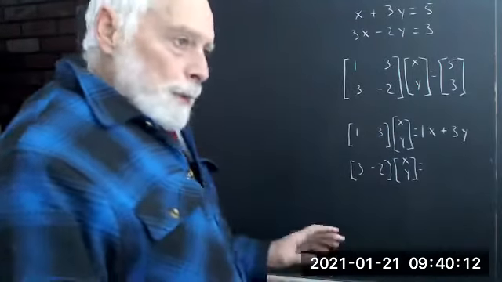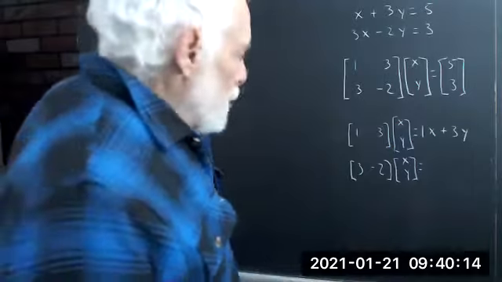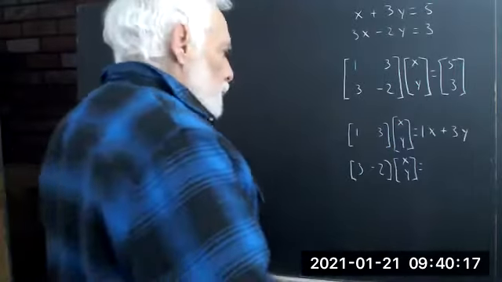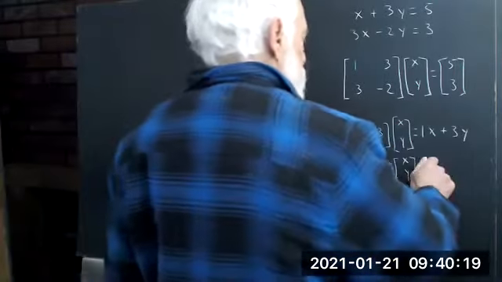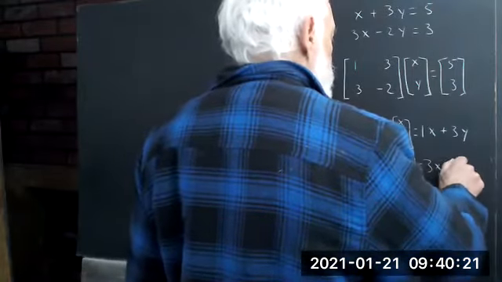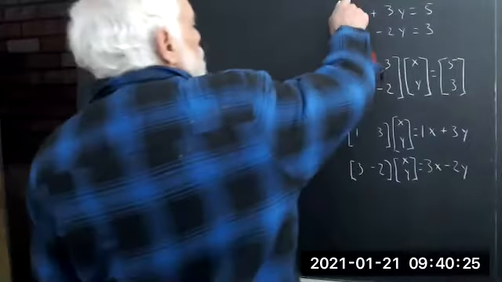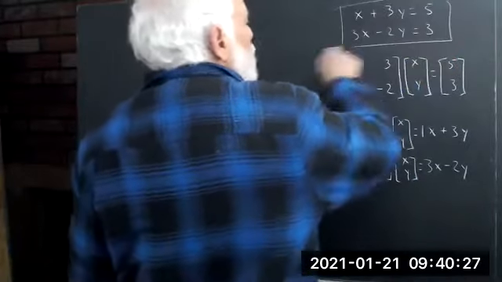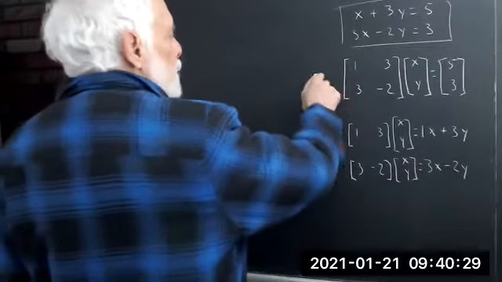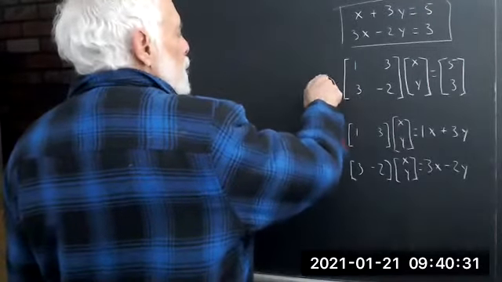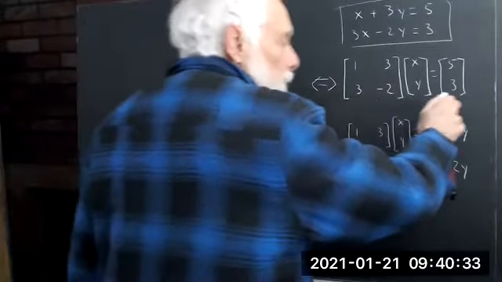Okay, I don't want to take any more time. Yep, there we go. And I think everybody's going to get it. So it's 3x minus 2y. So now this system of equations is equivalent to this matrix equation.